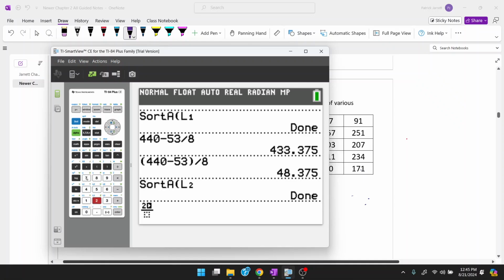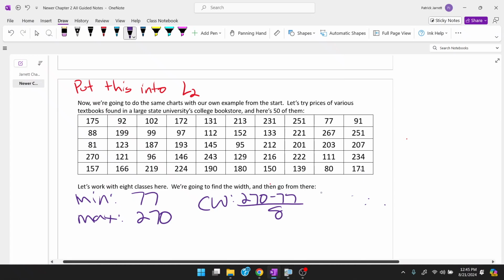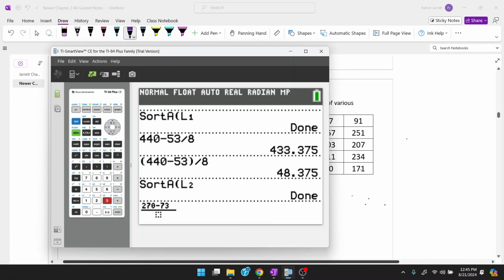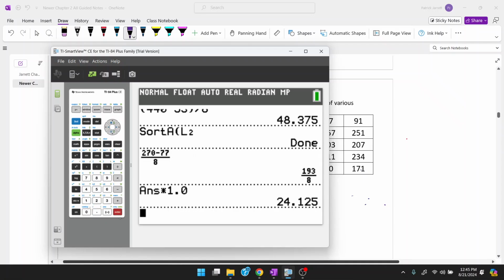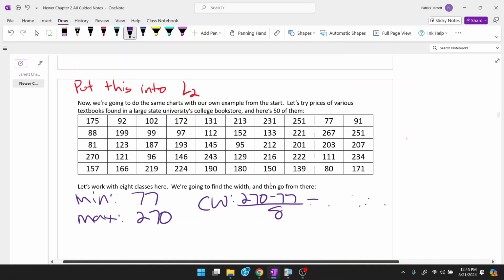And it's 270 minus 77. Oh, that could have been brutal. Over 8. Now, problem is it gives me a fraction. But if I multiplied it by 1.0, I get 24.125. Therefore, my class width is going to be what? 25.